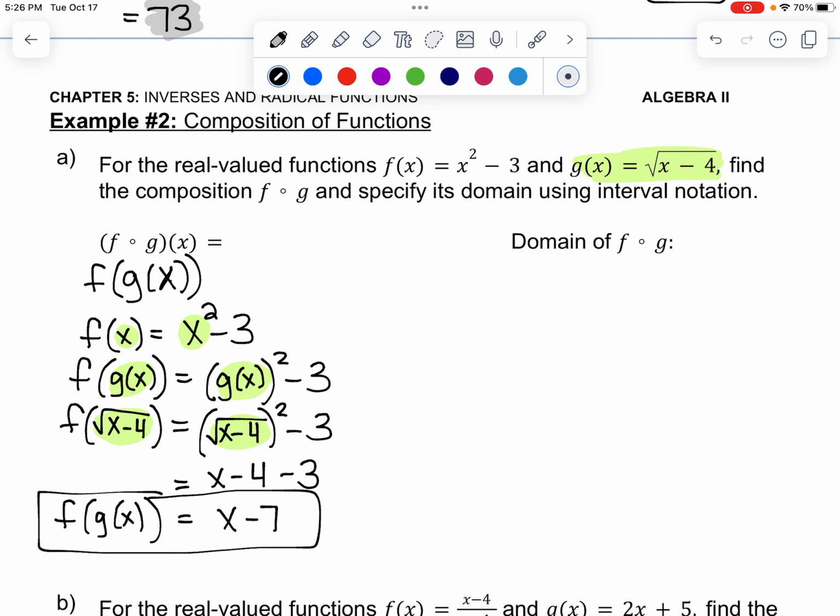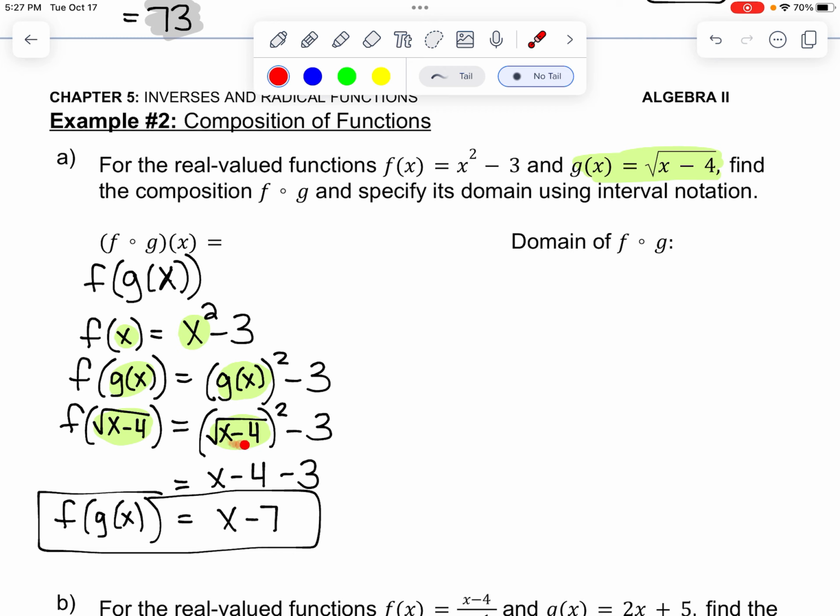Now, there's something that we also need to look at. It's also going to ask you, what is the domain of this function that we've created here? You're going to want to go back to what it first looked like. So at this step right here, when we have a square root right here, we're talking about real values.